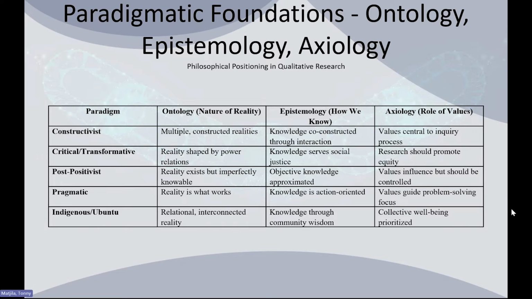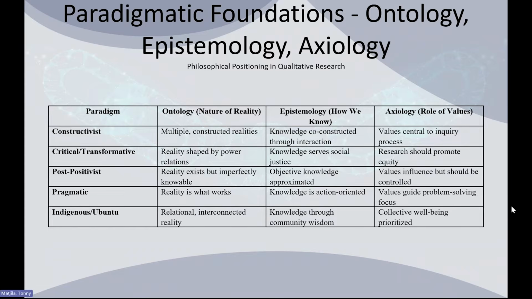Your philosophical positioning shapes every aspect of your research, and I think it's important. We know that ontology, which is the nature of reality, addresses the multiple realities on the ground.